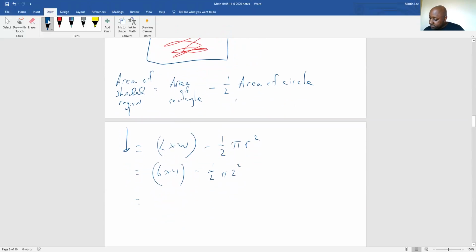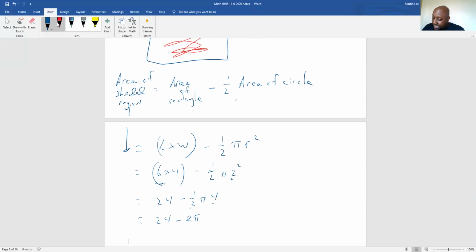And so this equals 6 times 4 is 24 minus 1/2 times pi times 2 squared, which is 4. And so this equals 24 minus 1/2 times 4, which is just 2 pi.